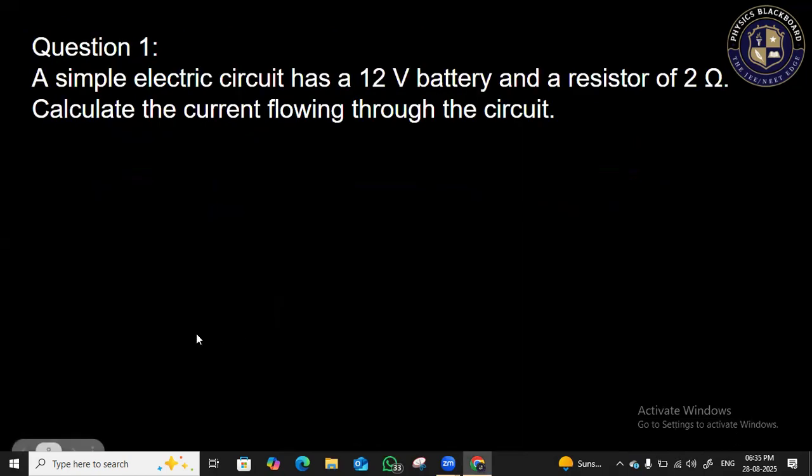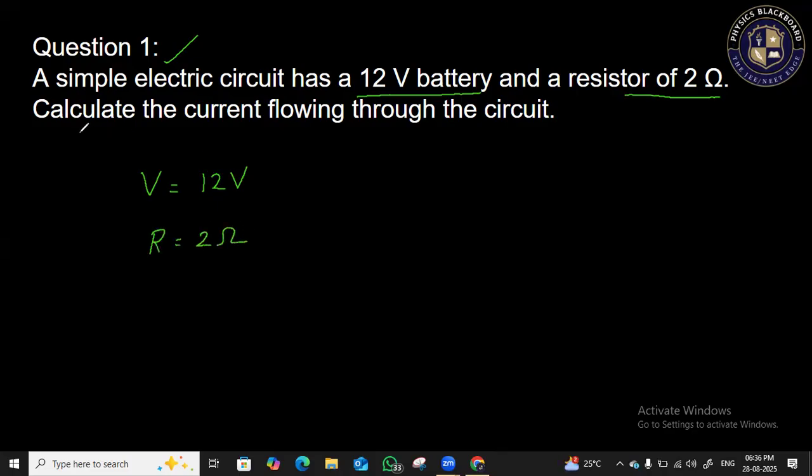Now we see numericals related to Ohm's law. Let's see the first question. A simple electric circuit has a 12 volts battery, that is, the potential difference is 12 volts, and a resistor of 2 ohms. Calculate the current flowing through the circuit.